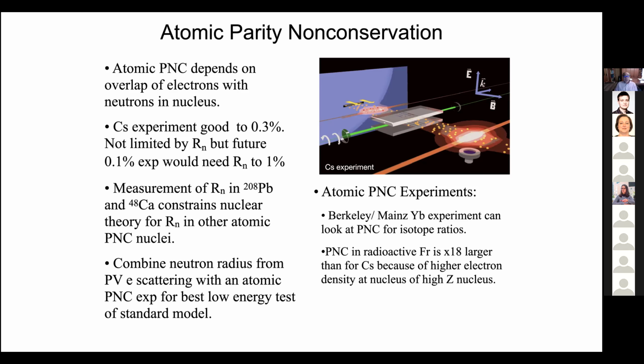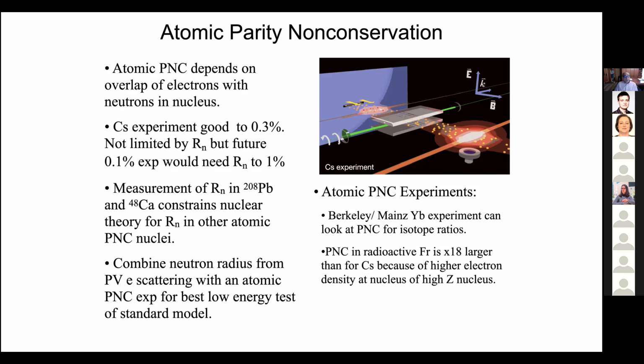And so measurements of the neutron radius with parity violating electron scattering in lead and calcium can constrain the nuclear theory to calculate neutron radii for a variety of other nuclei of interest in atomic parity.